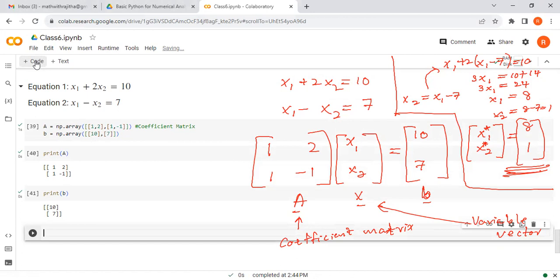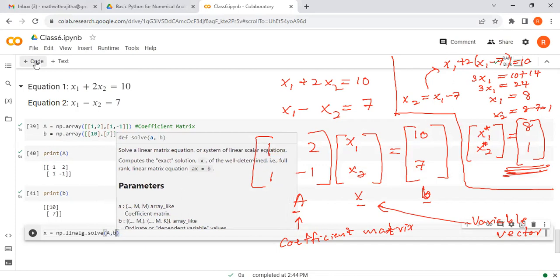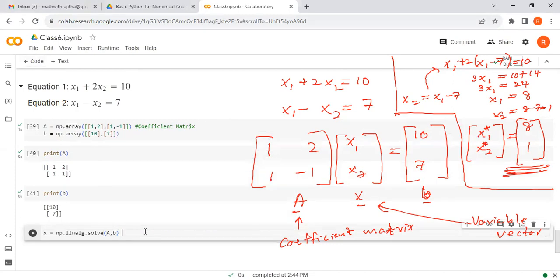So x, the solution vector, equals np.linalg.solve, A, comma B. So this is using the matrix inversion method. What does that mean?